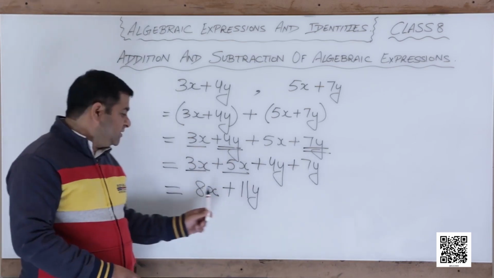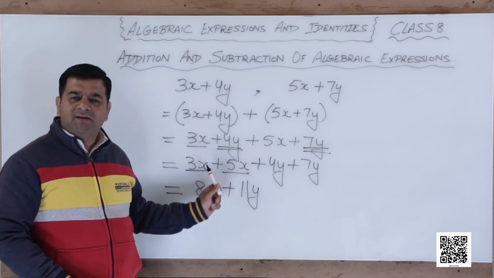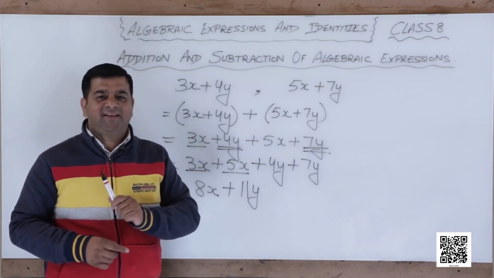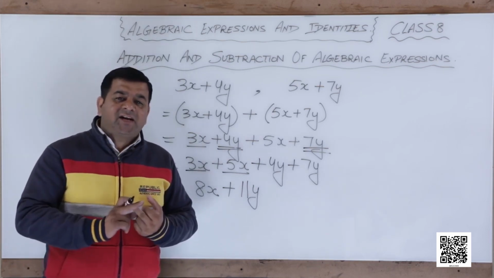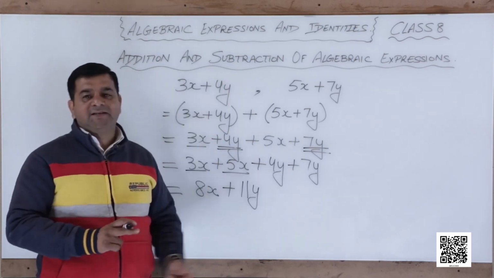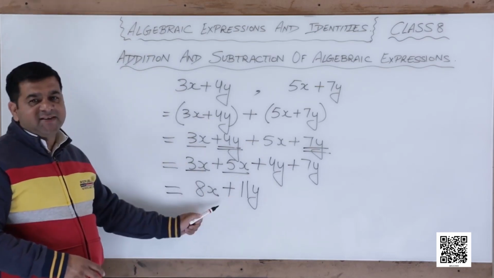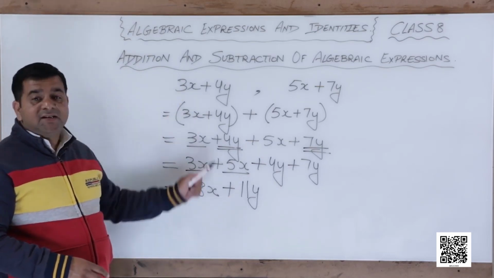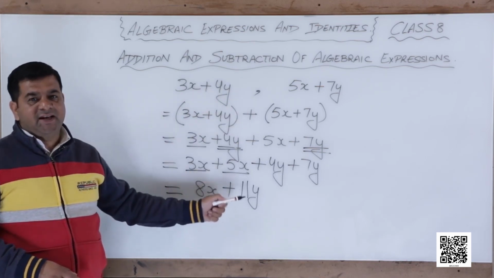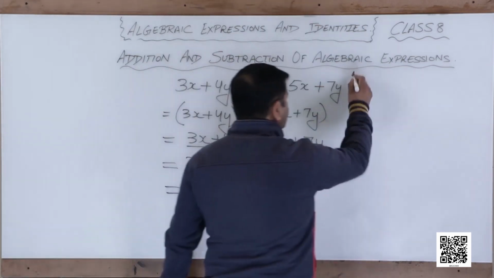And when these two terms are unlike terms, they cannot be added or subtracted. As I said in the beginning, only like terms can be added or subtracted in algebraic expressions. So if they cannot be added, that is our answer, that is the sum of these two expressions, 8x plus 11y. Let's do one more example.